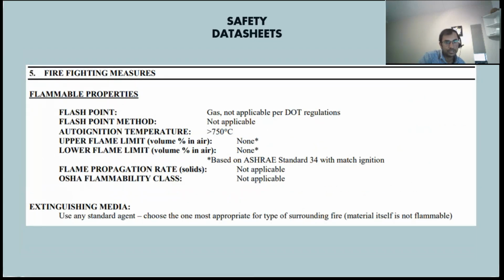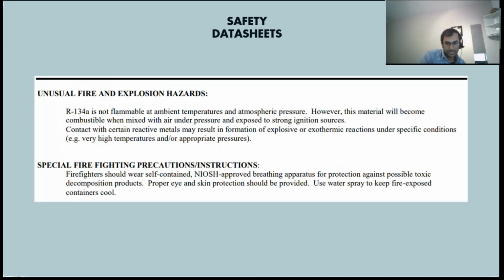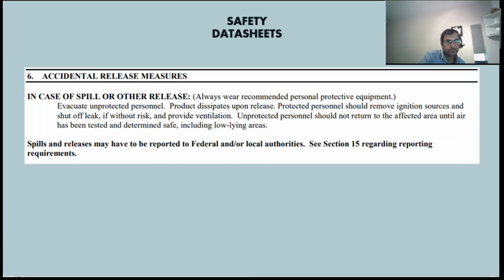Firefighting measures have to be indicated: its flash point, auto ignition temperature, and whether there are any explosion hazards, and what the measures are. Accidental release measures have to be there.